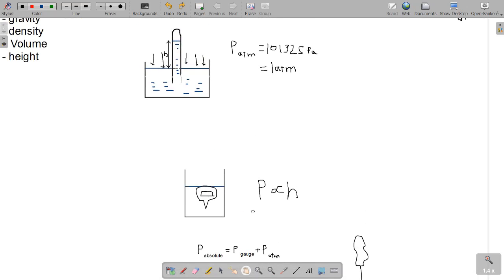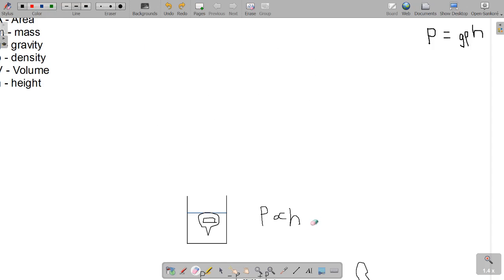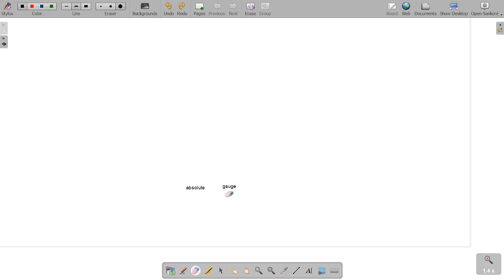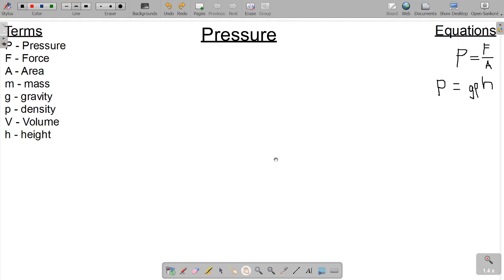So now I'll explain manometers. Manometers are basically a U-shaped tube.